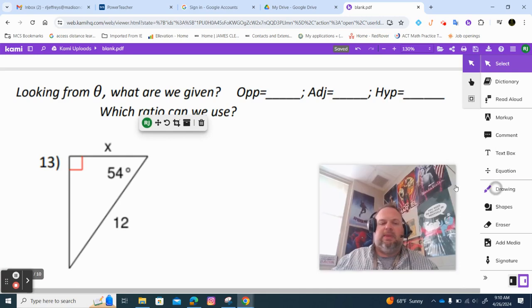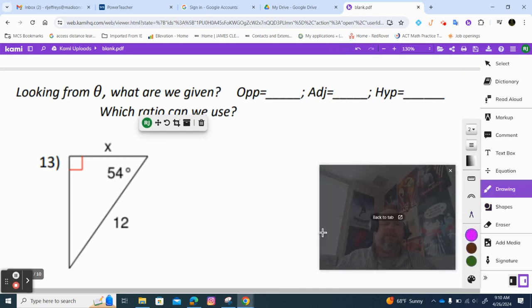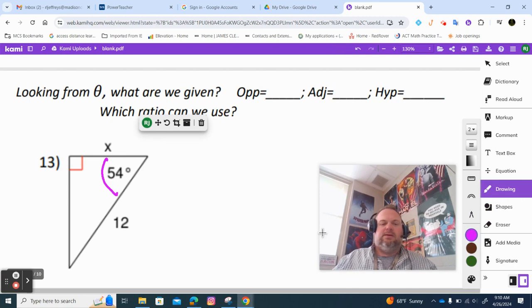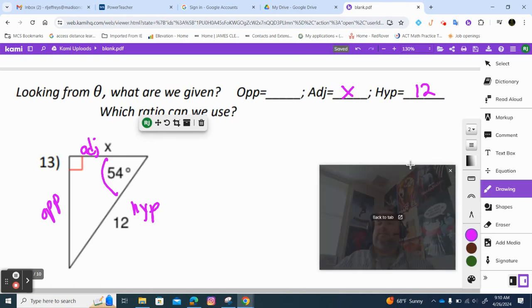So if this is our angle, this is the opposite, this is the adjacent, this is the hypotenuse. We're given the hypotenuse. We're asked to find the adjacent.